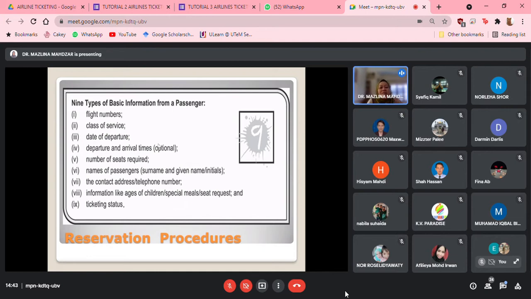So basically these are the procedures of creating a reservation in the system. Beforehand, all this information you must get from your client or your passengers. What was the information earlier?